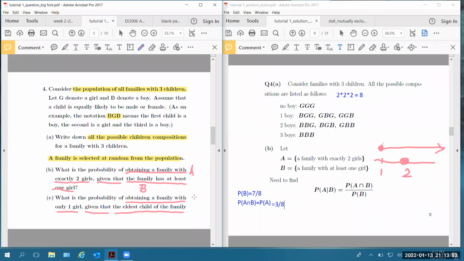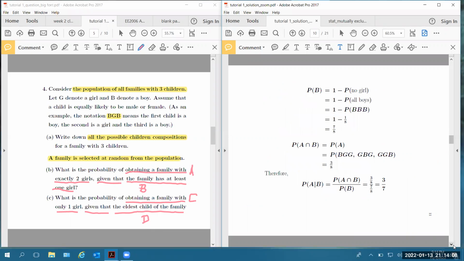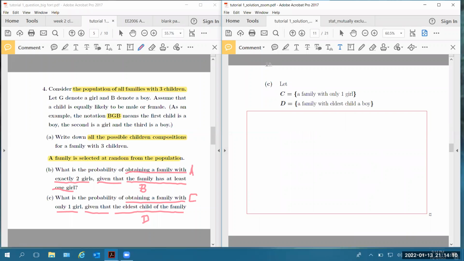Can, right? So should we call this A and B again? Maybe change. Let's call the first thing C, and then given that this thing, let's call it D. Okay, so let's go and do this. Now we are at part C. So we let C be the first item, a family with only one girl.